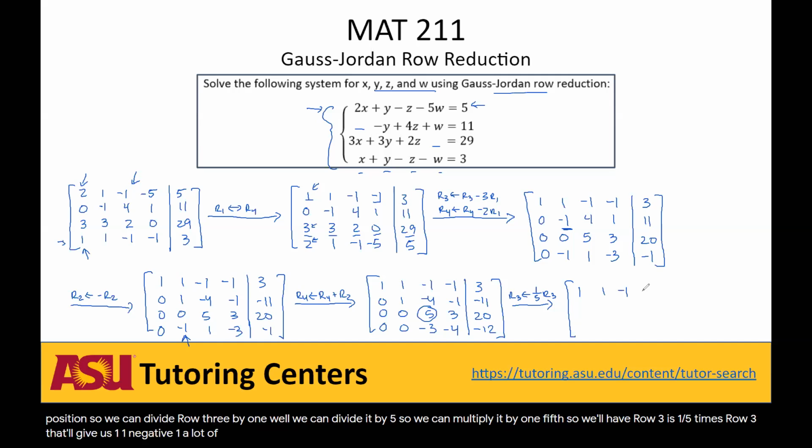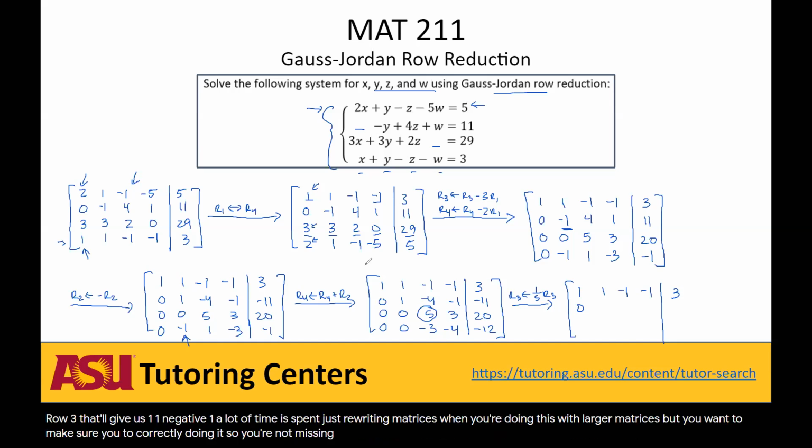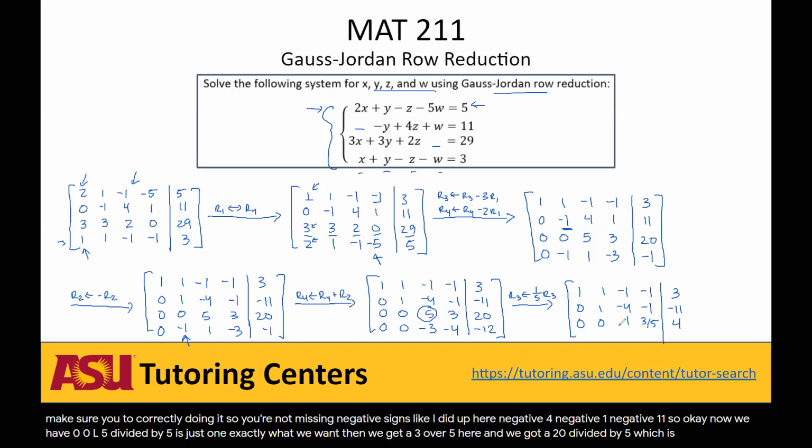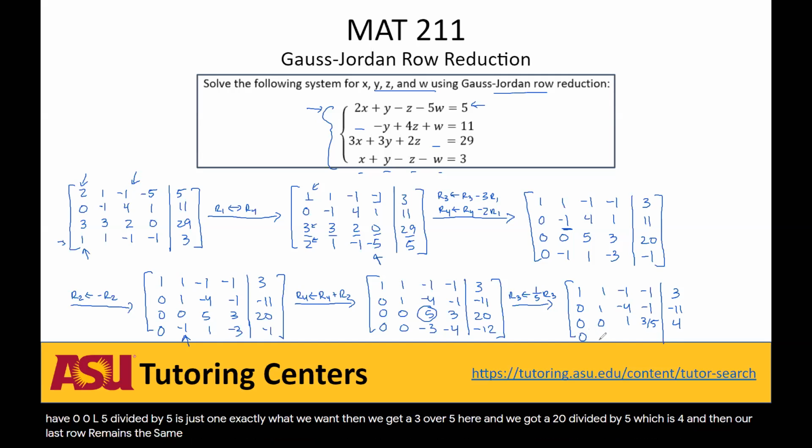A lot of time is spent just rewriting matrices when you're doing this with larger matrices, but you want to make sure you're correctly doing it so you're not missing negative signs like I did up here. 1, negative 4, negative 1, negative 11. So, okay, now we have 0, 0. Well, 5 divided by 5 is just 1, exactly what we want. Then we get a 3 over 5 here, and we got a 20 divided by 5, which is 4. And then our last row remains the same: 0, 0, negative 3, negative 4, negative 12.